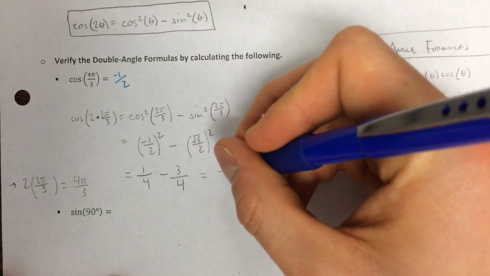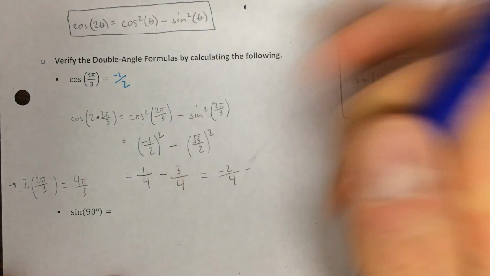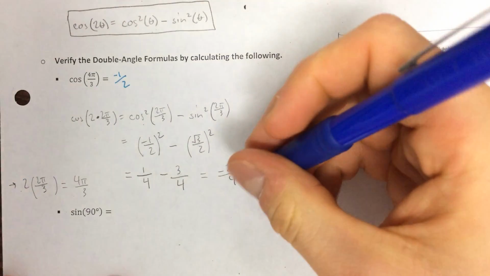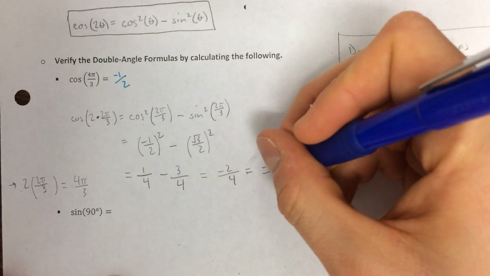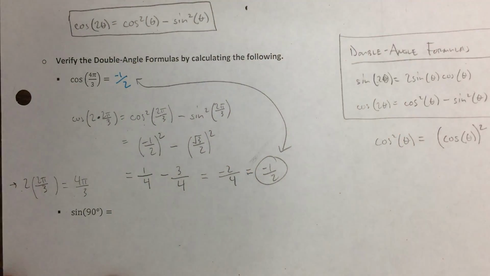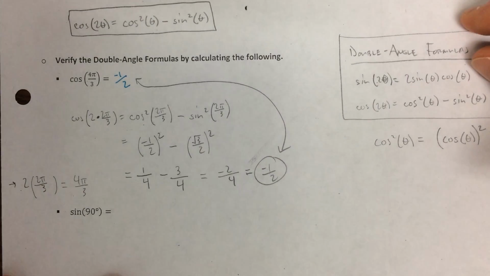Now we simplify. And negative 2 over 4, that equals negative 1/2. Which is what we wanted.